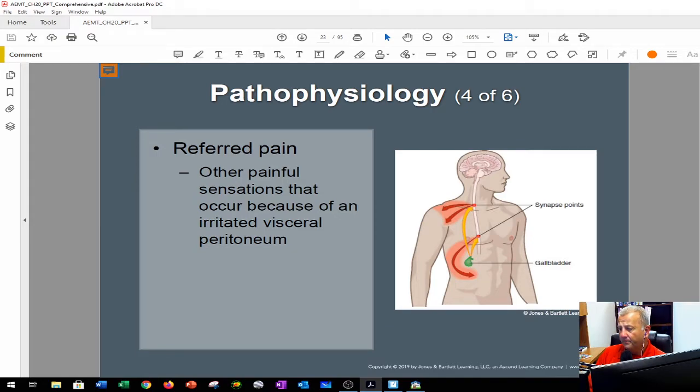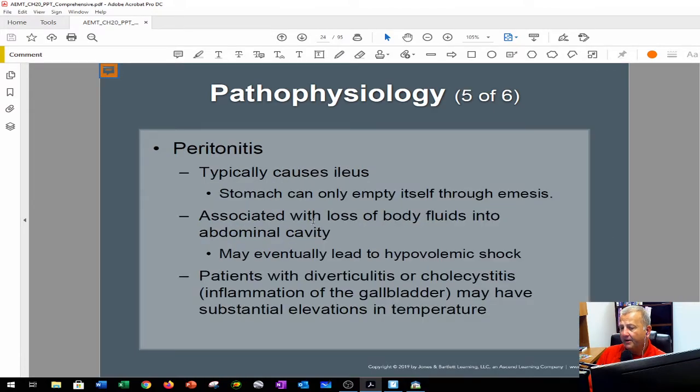And then we're back at peritonitis. We're going to continue talking about it. And they say it typically causes ileus. What ileus basically is, is when the muscles in the organs stop moving that food and that process through, meaning the bile stops moving around, or in your stomach, the contents are just sitting there.